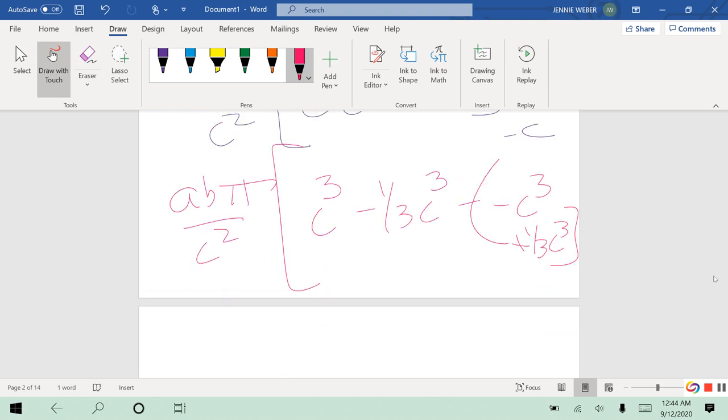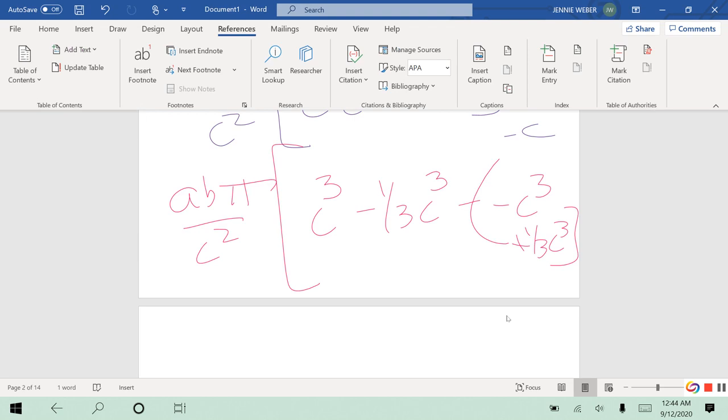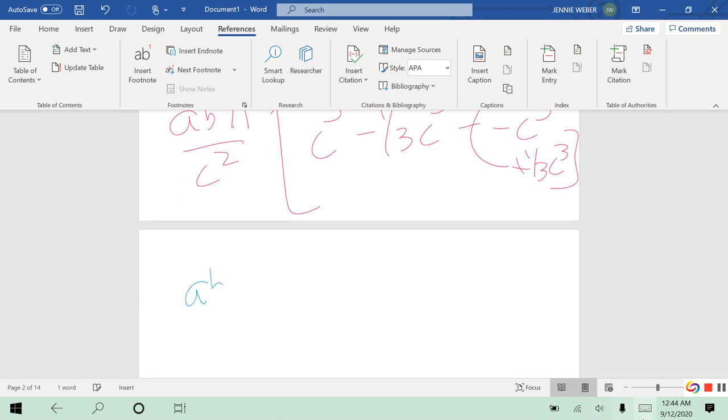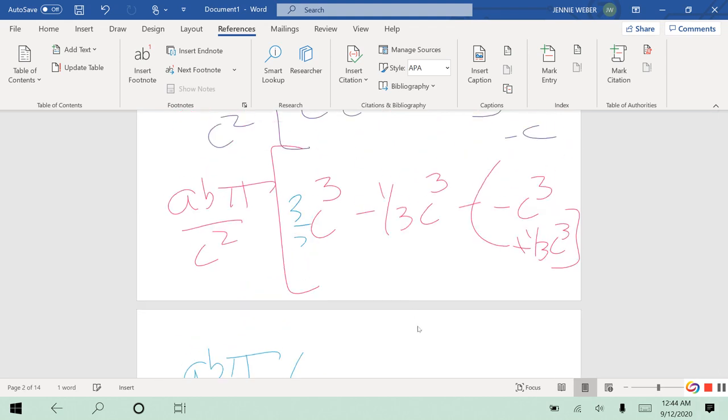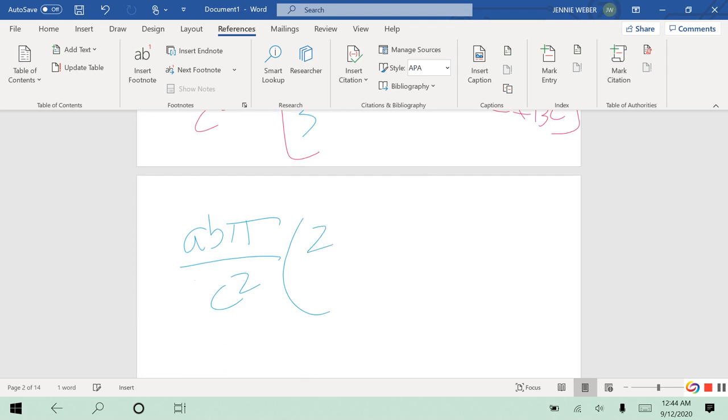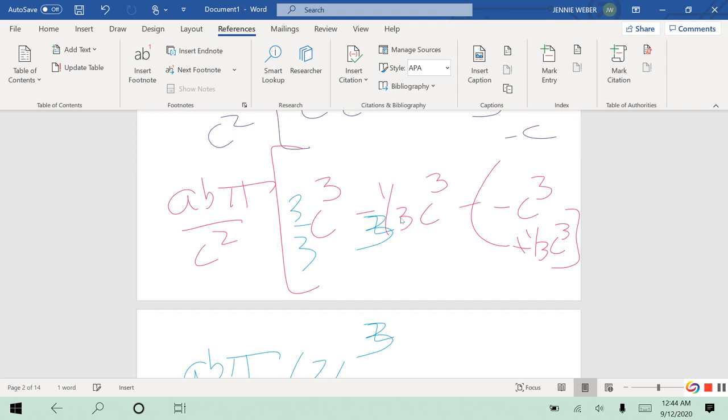Okay, so what do I got here? I have ab pi over c squared. Okay, so right here, this is 3 over 3. So this is 2/3 c to the third. Okay, this is going to be 3 over 3 plus this.